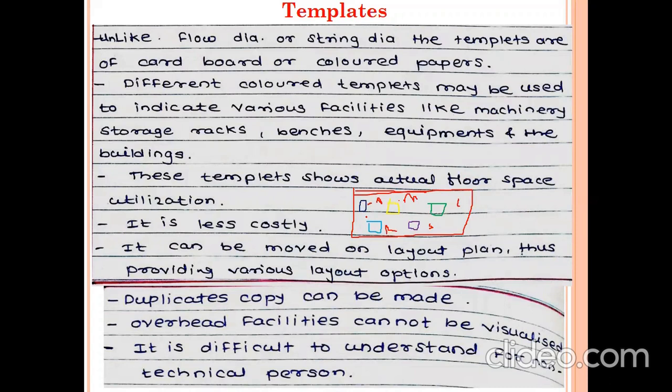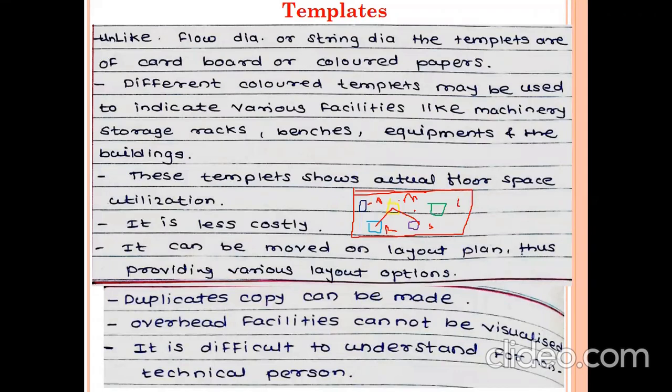Is it right? So that is shown in different colors. If the person has the background of that template, he can understand. But to make a duplicate copy of this is difficult. In this shop floor, from raw material to machine and machine to store, whether overhead cranes are there, upper side cranes, it is not shown here.